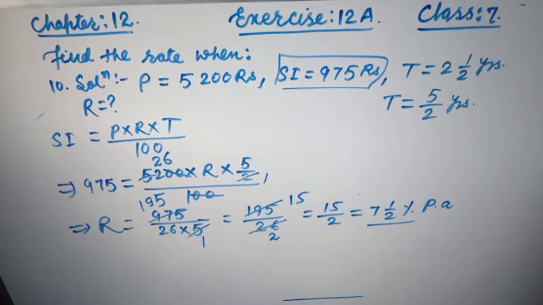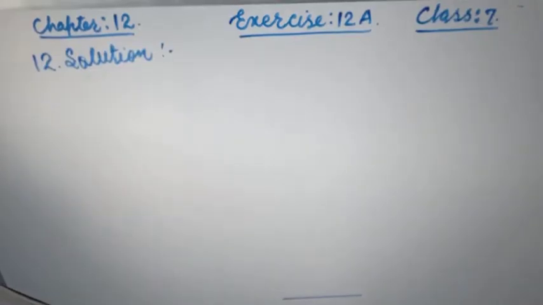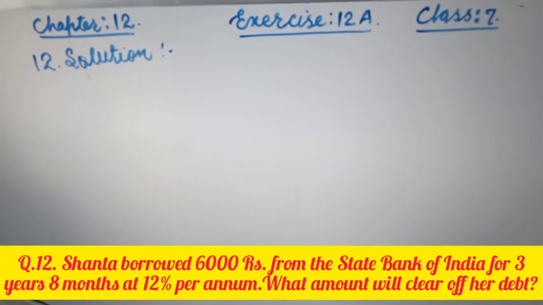Now see, friends, the next question, number 12, says that Shanta borrowed 6,000 rupees from the State Bank of India for 3 years 8 months at 12% per annum. What amount will clear off her debt?